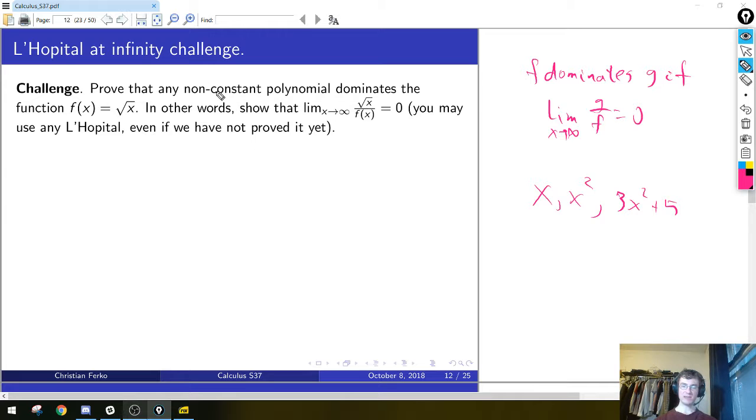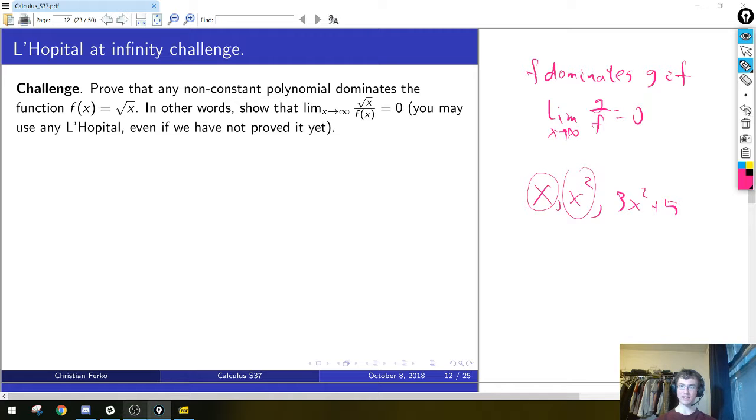will dominate square root of x. When you take the square root of a number bigger than 1, the square root makes the number smaller, so this is increasing less quickly than polynomials.